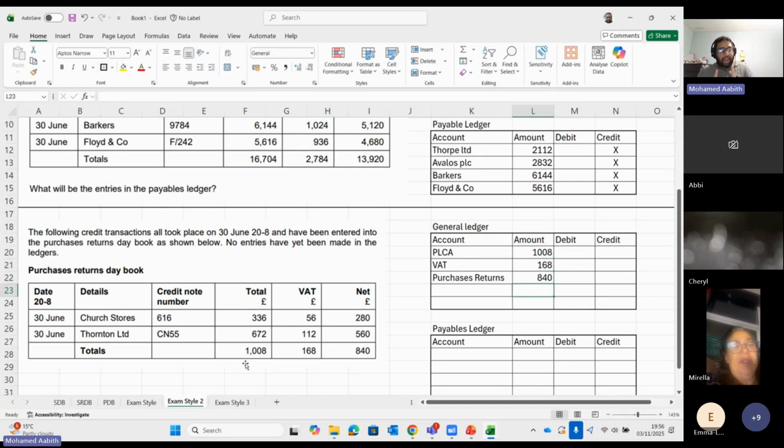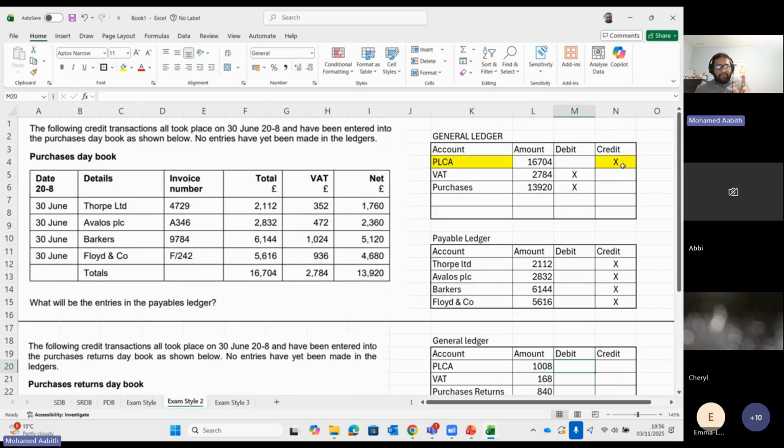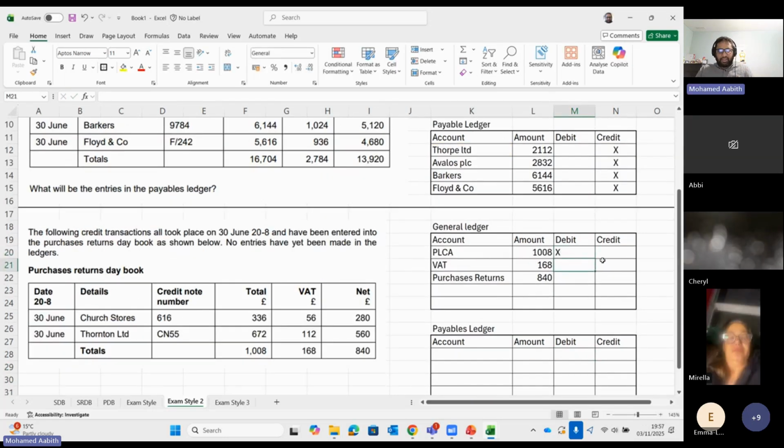Remember, you do not have to worry about the order. It doesn't have to be the same order. As I said, you can start with purchase return, PLCA, VAT, but I'm just trying to keep the same order as the day books, so you don't have to confuse yourself over it. So in this scenario, it will be the exact opposite of your purchase day book. So this will be a debit entry and these two will be credit entries.